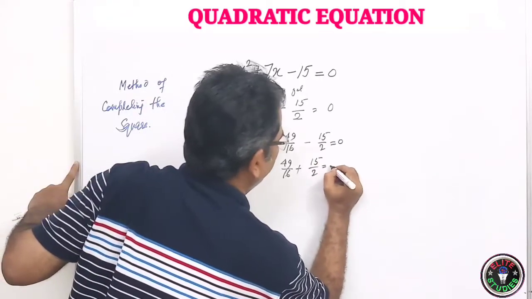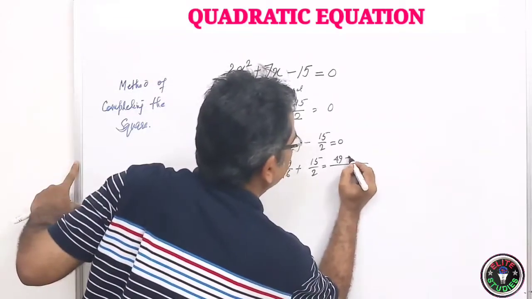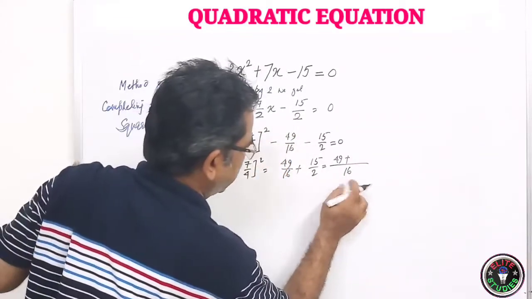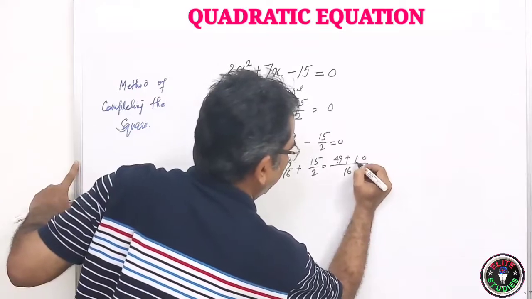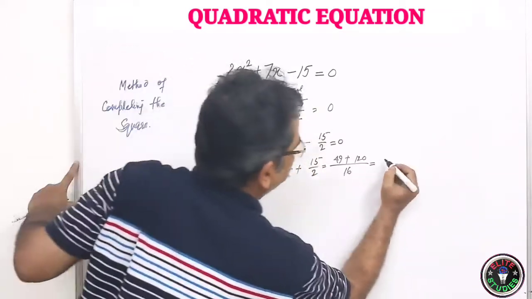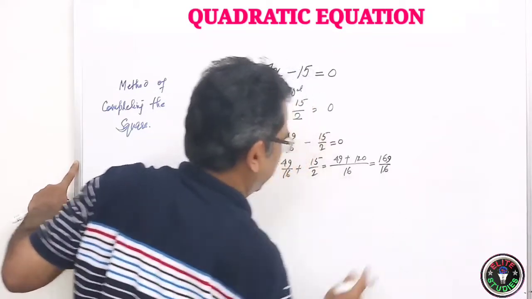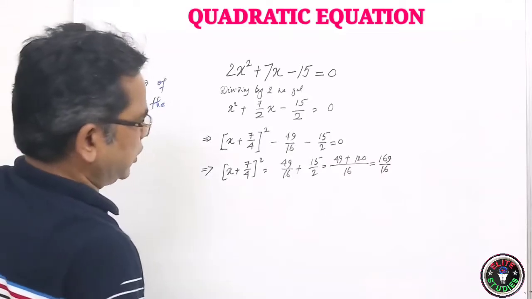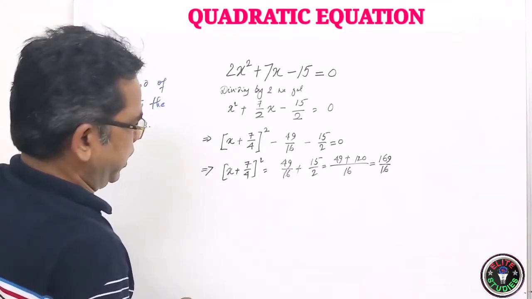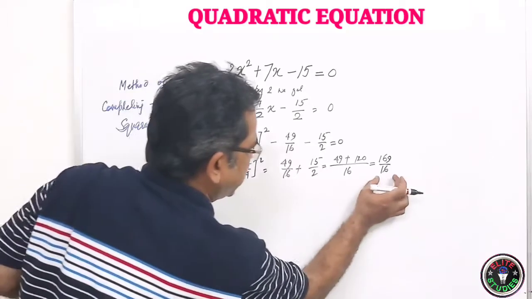So it will be equal to how much? 16 will be the LCM. It will be 49 plus 120, so it gives us 169 by 16. Now you got this as 169 by 16.